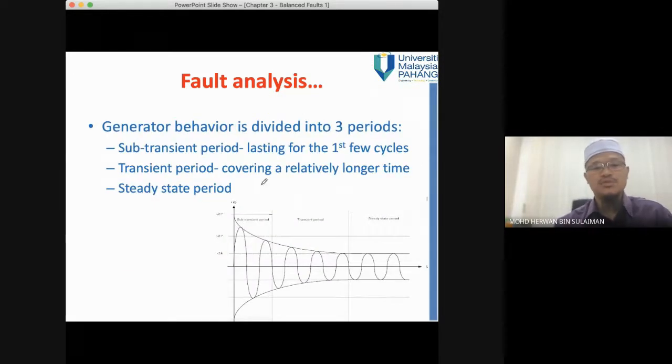Okay, so this one is the general behavior of when we have the faults. So we have transient period lasting for first few cycles, and then we have transient period and little longer time, and we have steady state period.